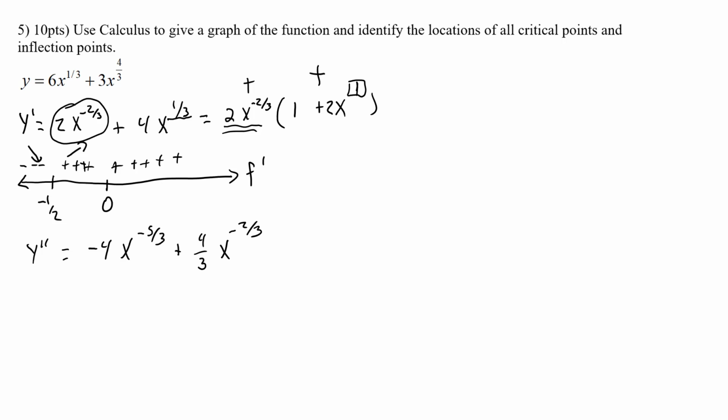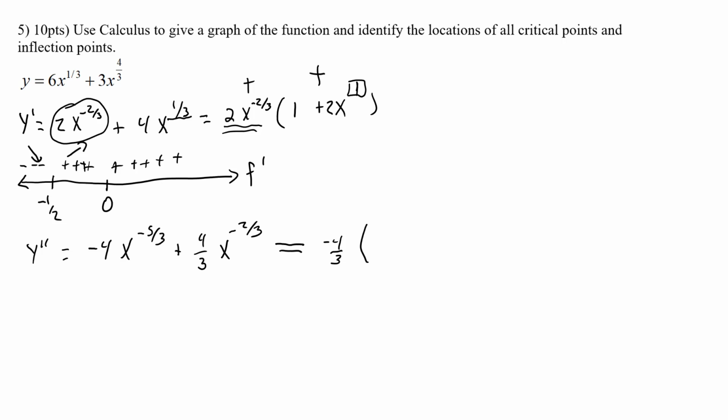Again, 0 makes it undefined. And again, we'll factor out the smallest. And so then over here, you get negative 4/3. I'll factor out the negative 4/3.